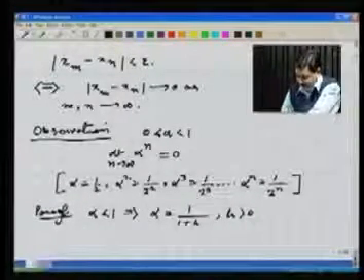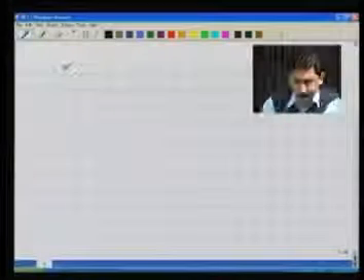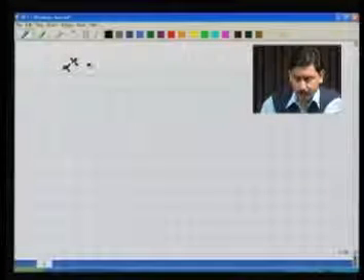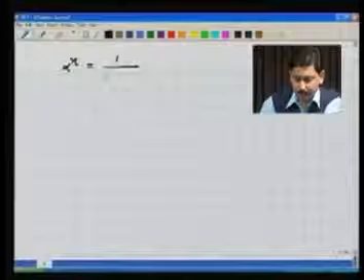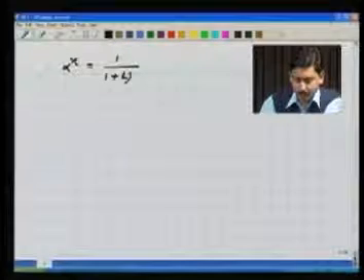Well, in that case, what is alpha to the power n? It is 1 by 1 plus h whole to the power n.